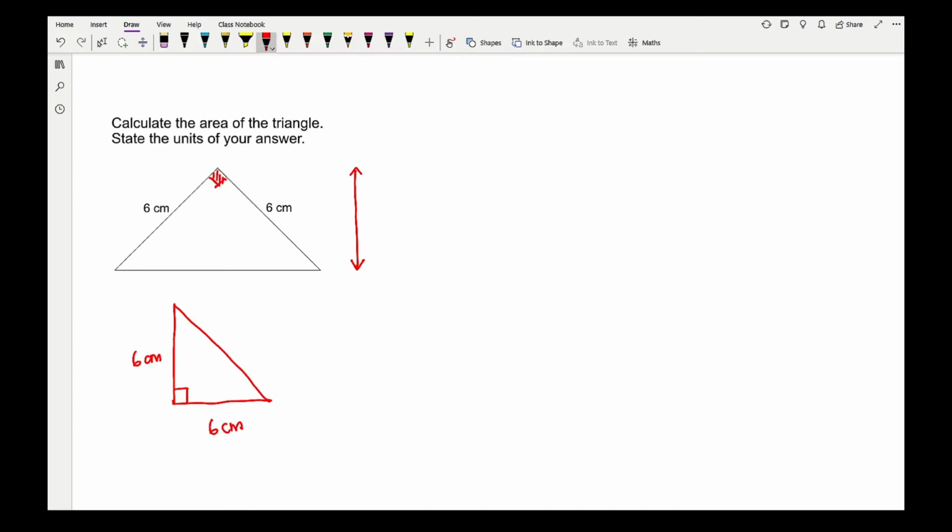So my height is 6 and the base is 6. The area is going to be 6 times 6 divided by 2, which is 36 divided by 2, which gives me the answer of 18. And again, units are going to be centimeters squared, and there is my final answer.